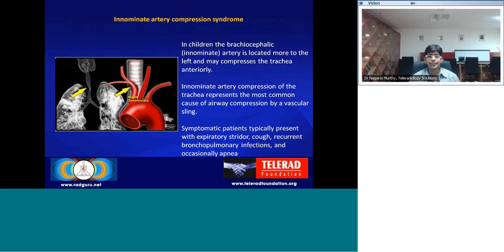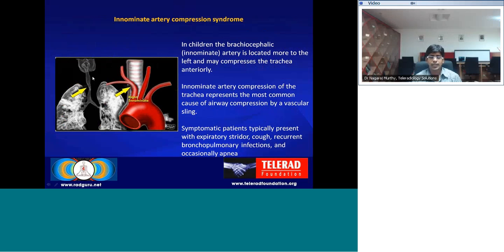Next is innominate artery compression syndrome. In children, the innominate artery is located more to the left and may compress the trachea anteriorly. The trachea showing the compression by the innominate artery.